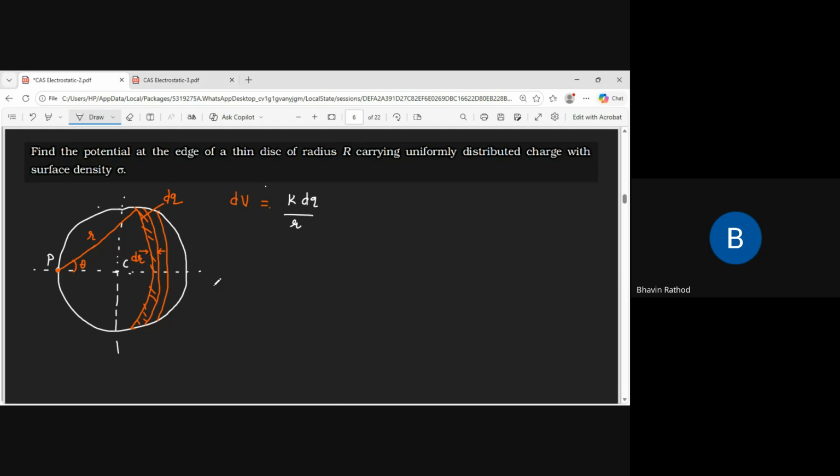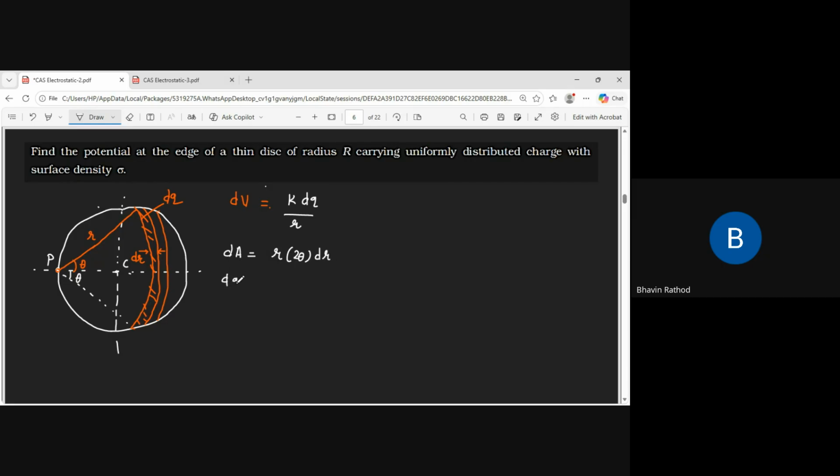Now we want to find out what is dq. For that, we need to find the area of the ring portion, since it's not the entire ring. Its area is equal to the length, which is r into 2 theta, since if that's theta, then this is also theta, and its thickness, which we are calling dr. That's the area.